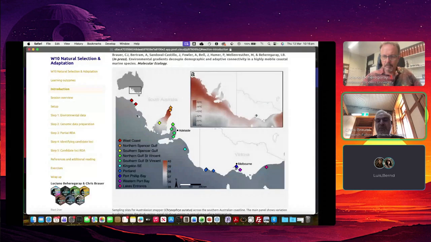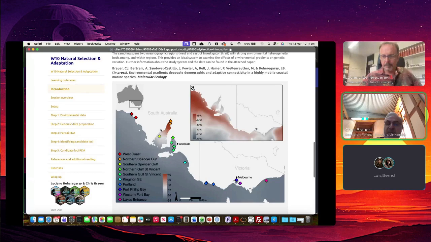Close to inshore, you actually get a little bit of a counter current in some seasons that might push larvae in the opposite direction. So it's really quite complex trying to understand how the environment modulates the broader population structure in this species. And that's before you start thinking about anything to do with local adaptation.